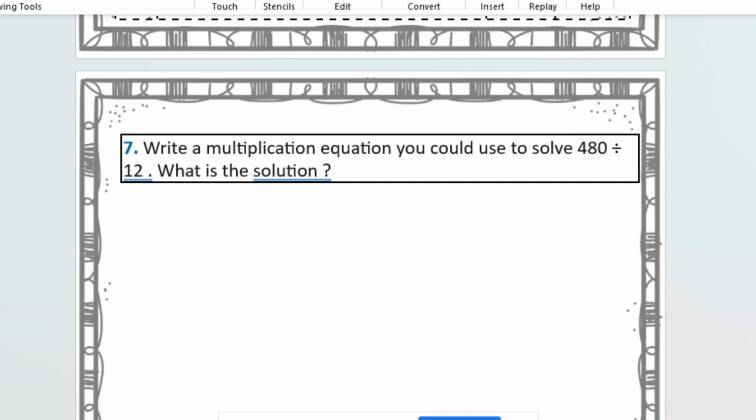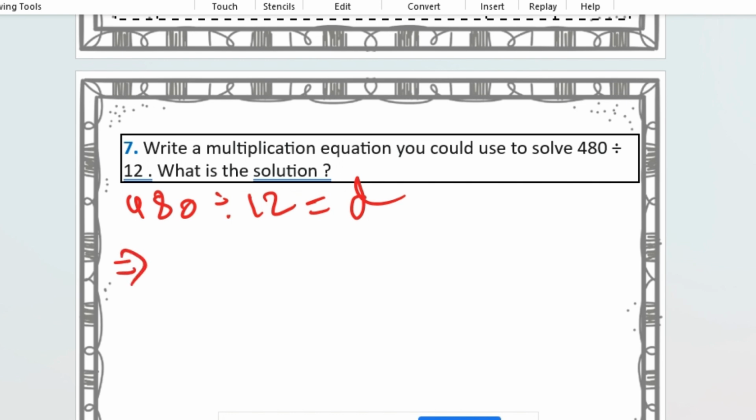Write a multiplication equation you could use to solve 480 divided by 12. So we have 480 divided by 12 equals, let's say, a number d. So the first step, we change the division to multiplication.